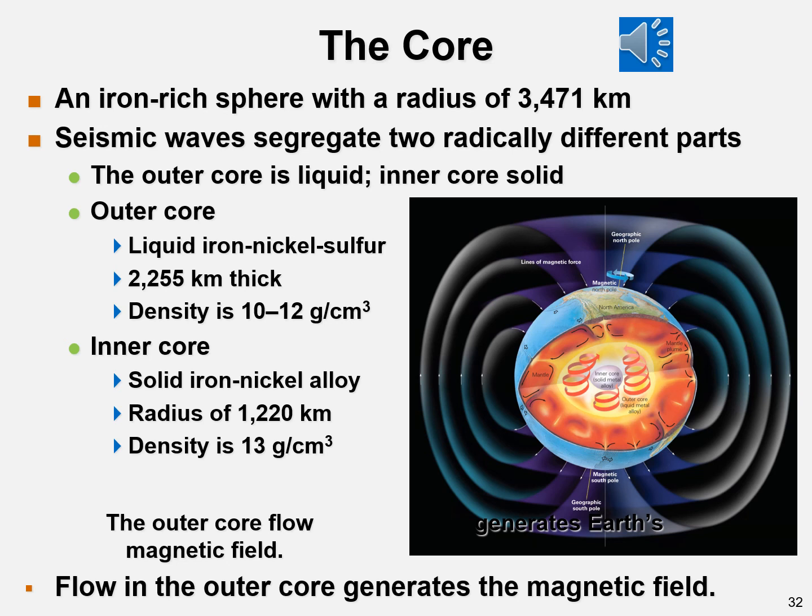The outer core is comprised of liquid iron, nickel, and sulfur. It is about 2,255 kilometers thick and has a density of 10 to 12 grams per cubic centimeter. The outer core is liquid because the temperature in the outer core rises so high that even its great pressure cannot keep the atoms in a solid framework.